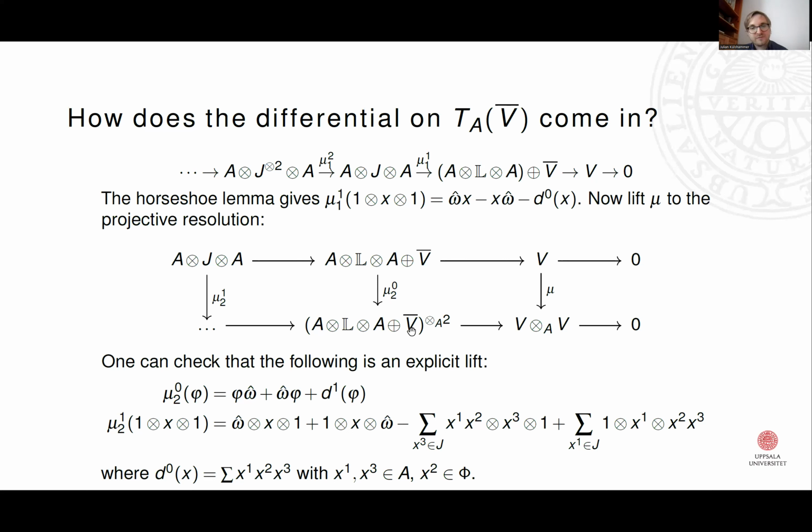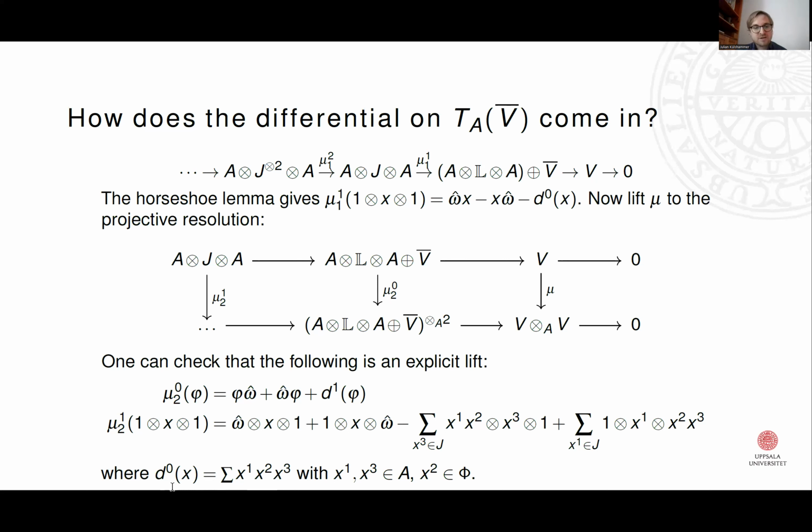So it's an element of V bar tensored with itself, which is one of the summands of this thing. Then we checked explicitly that mu2 you can describe by this formula. This maybe looks a bit scary, but all the ingredients are still just the things that we have at our disposal: the generator omega hat, and the maps d0 and d1.